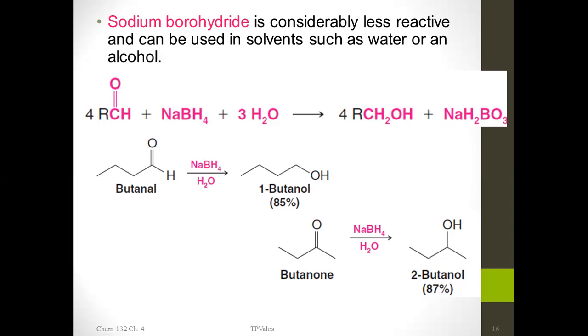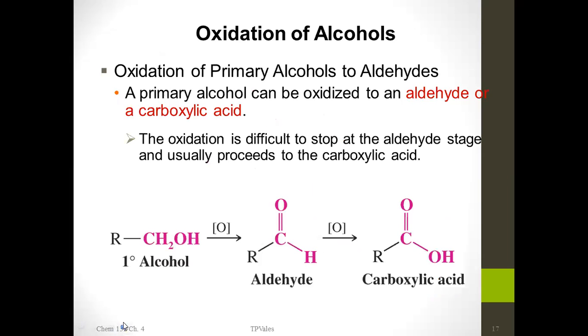You can also have the addition reactions of water, and of course your hydroboration reaction to prepare your alcohol, and oxymercuration-demercuration. But it's also possible to prepare alcohol using your carbonyl groups. You can prepare your alcohol from a ketone, from an aldehyde, and from carboxylic acids and esters. So let's proceed to the reactions of our alcohol.